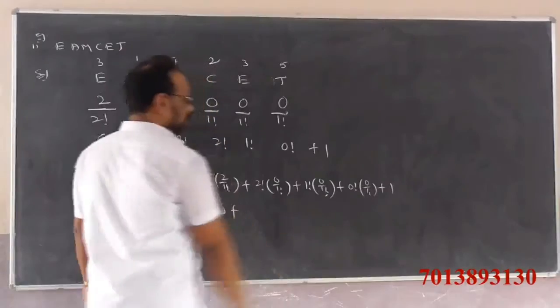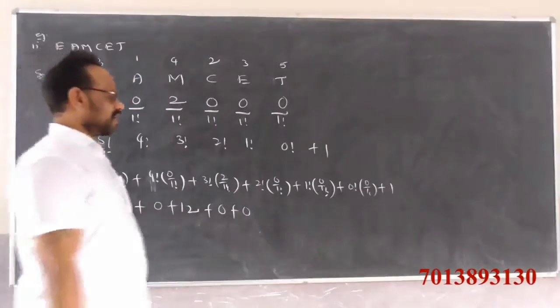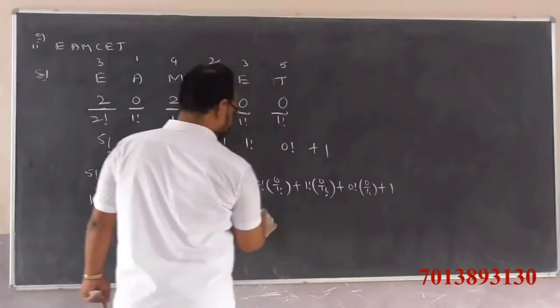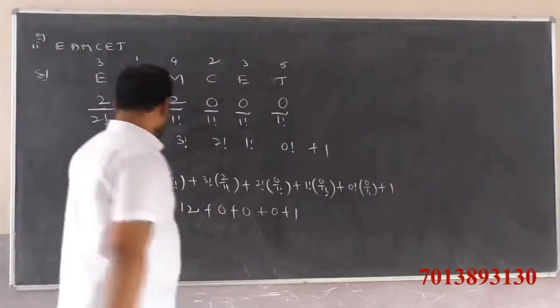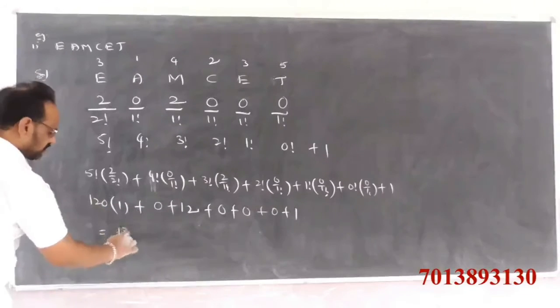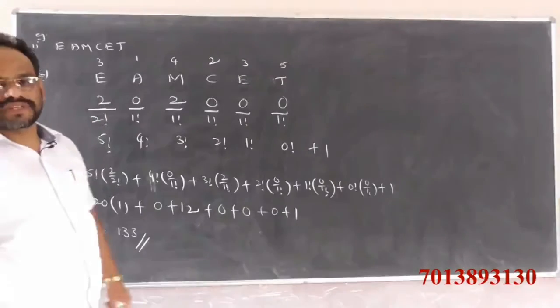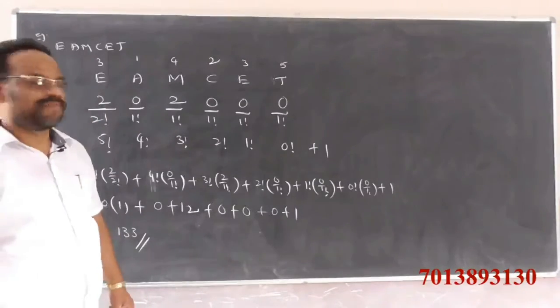Plus 0 by anything is 0, 0 into 1 factorial also 0. Here also 0 by anything is 0, plus we get 0 plus 1. So 120 plus 12 plus 1, we get 133. That is the rank of the word in question.